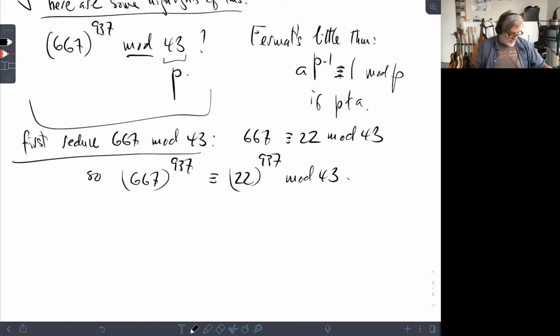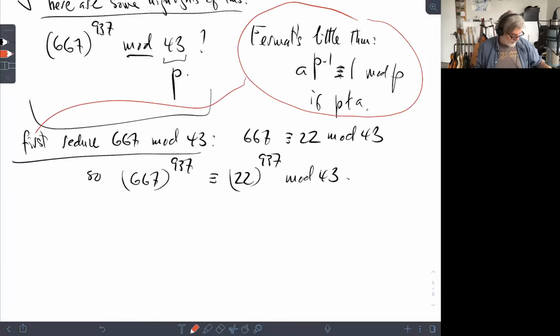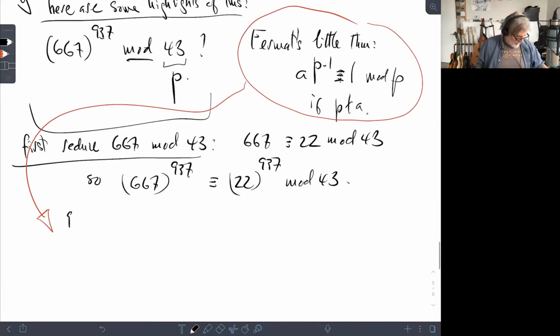Then I'm going to use Fermat's little theorem. Okay, right here. So 937 is equal to 22 times 42 plus 13.